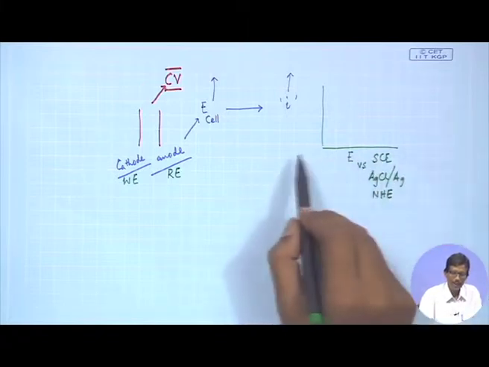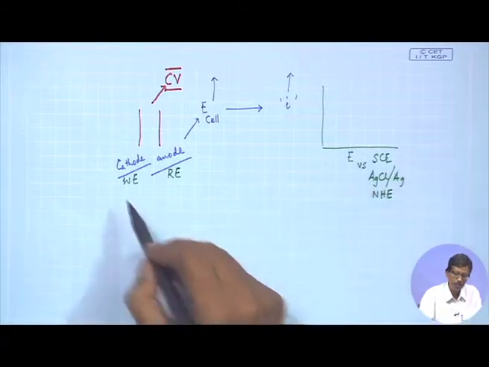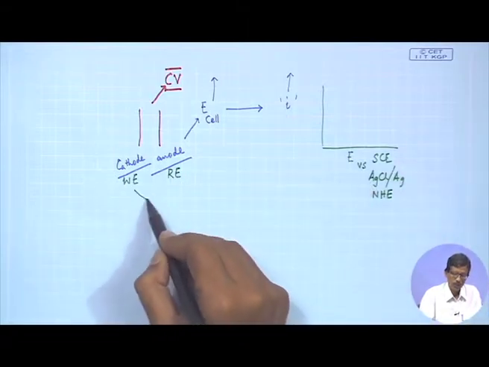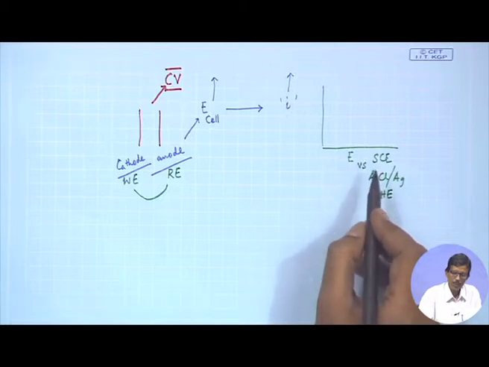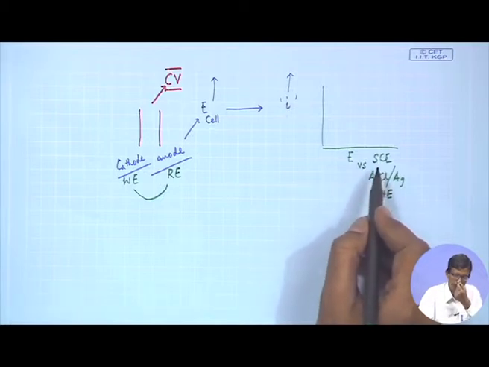So, you have to scan this potential with respect to this; that means the working electrode is engaged with the RE to get this potential E.